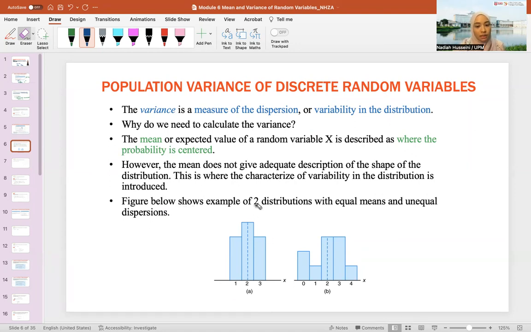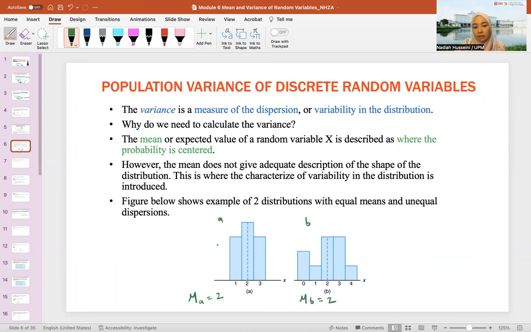The figure below shows an example of two distributions. So this is the first distribution and this is the second distribution. Both of these graphs have the same mean. You can see that they have indicated it with a dashed line. So the mean is at number 2. How do I write mean? Mu. Let's say this is A and this is B. Mu of A is 2. Mu of B is also 2.